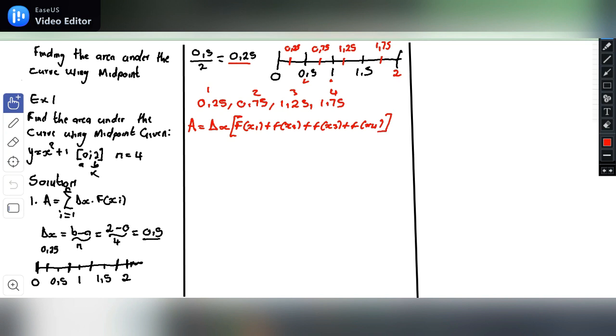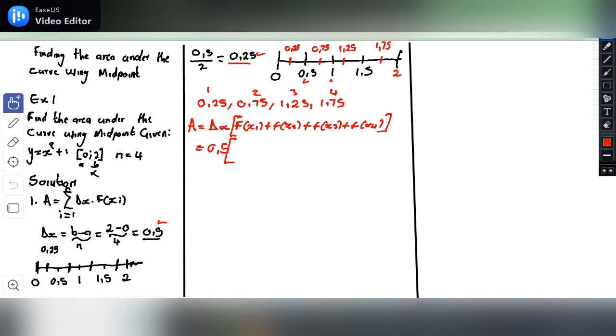I'm no longer going to explain how we do this, because I've explained it in the first video and the second video. So we know what delta x is. Delta x is equal to 0.5. Don't get confused. Don't write 0.25. Remember, our delta x is 0.5, not 0.25. So don't get confused, because we divided our delta x by 2 to get the smaller width so that we can get our midpoint values, right?